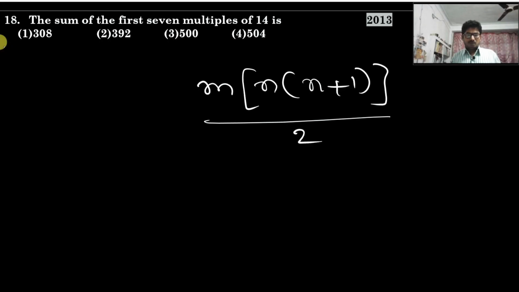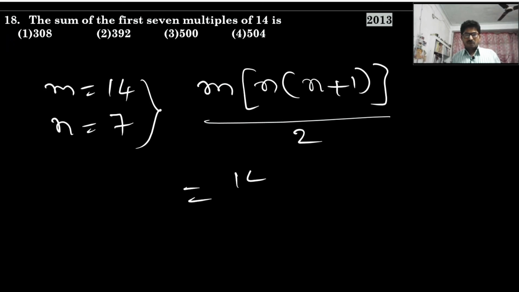Here m is equal to 14, n is equal to 7. So we substitute this in the formula: 14 into 7 into 7 plus 1, that is 8, by 2.